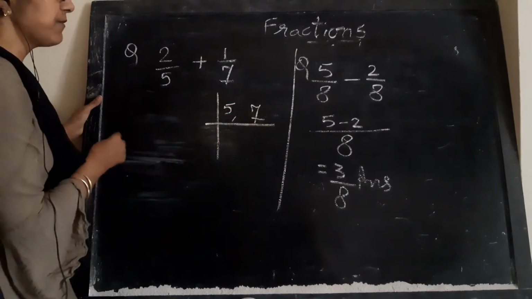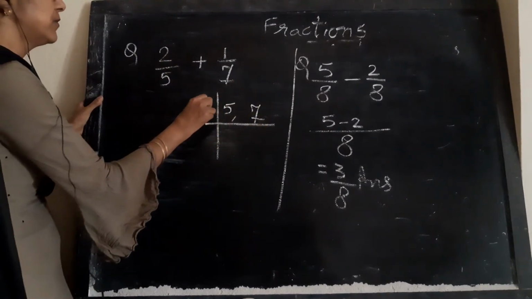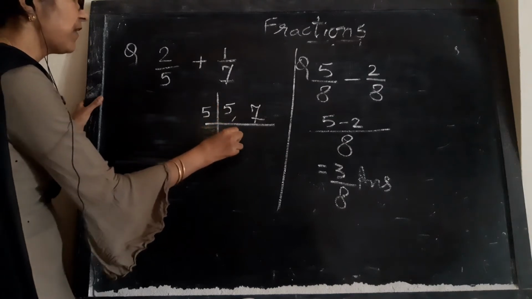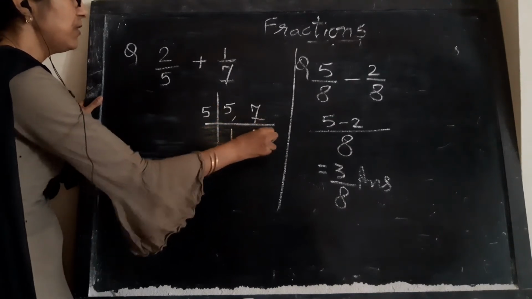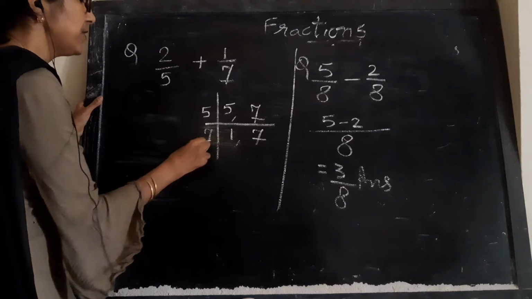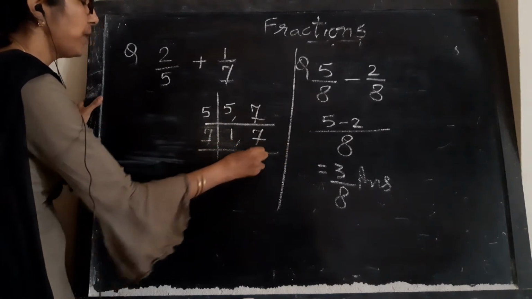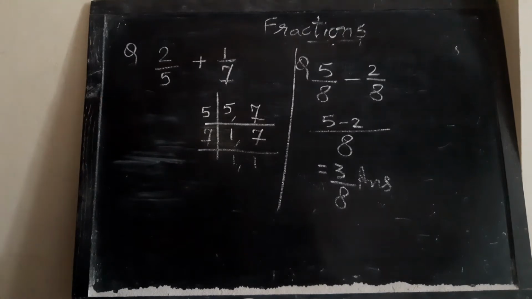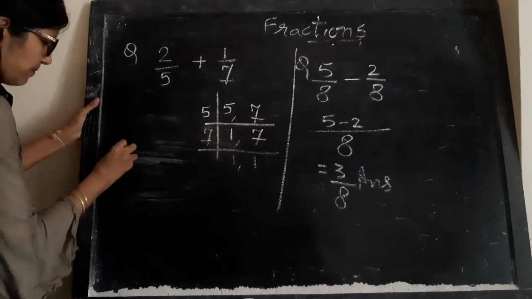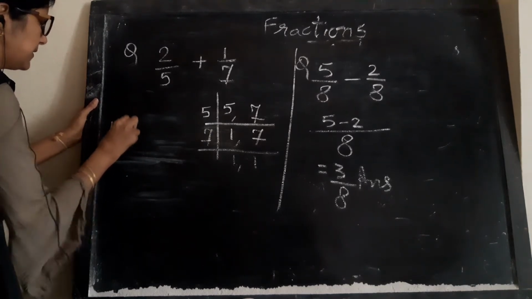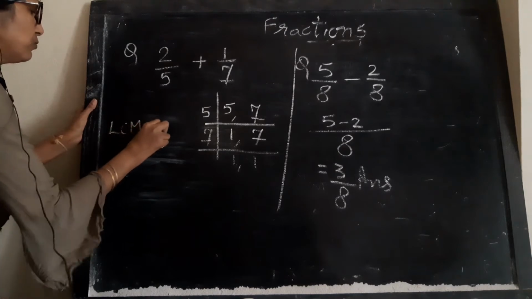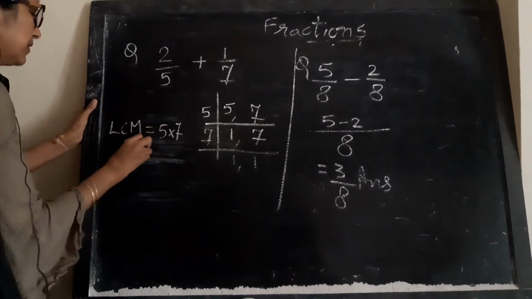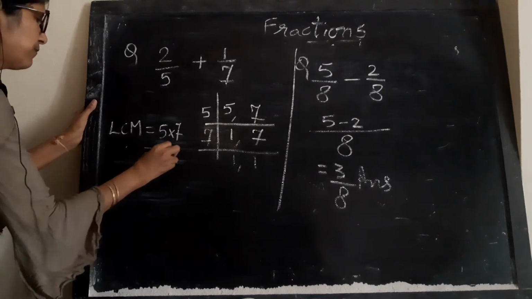So 5 and 7, both of them are prime. 5 is divisible by 5, 1 here, 7 will be copied. 7, this 1 copied, this 7 becomes 1. So LCM is 5 into 7, which is equal to 35.